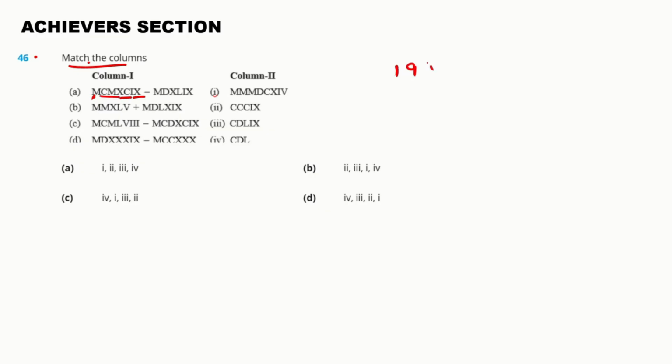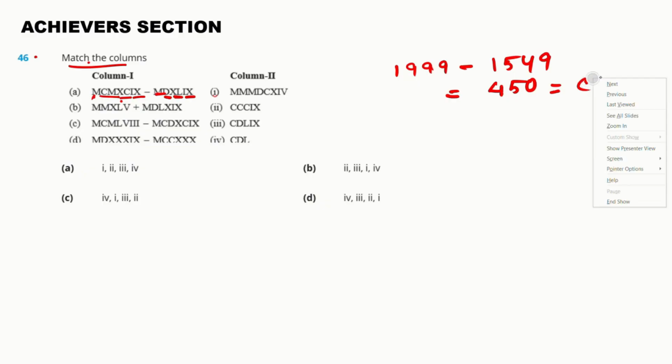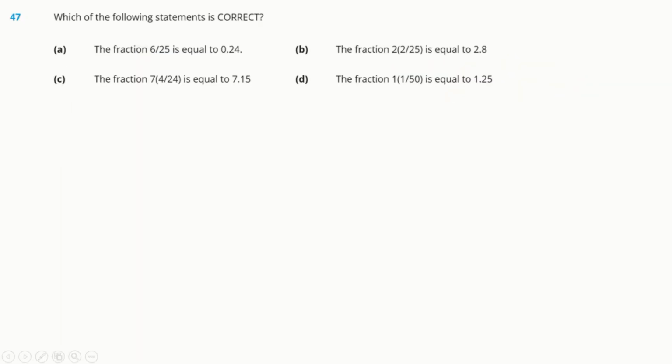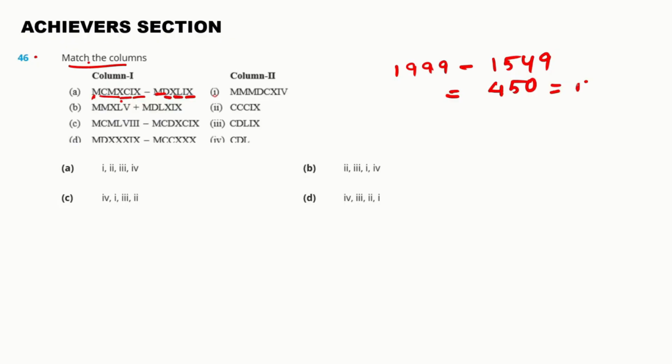So 1999 minus 1549 is 450. 450 can be written as CD, that's 400, and 50 is L, so LCD, which we have in option number 4. So A has to be 4.